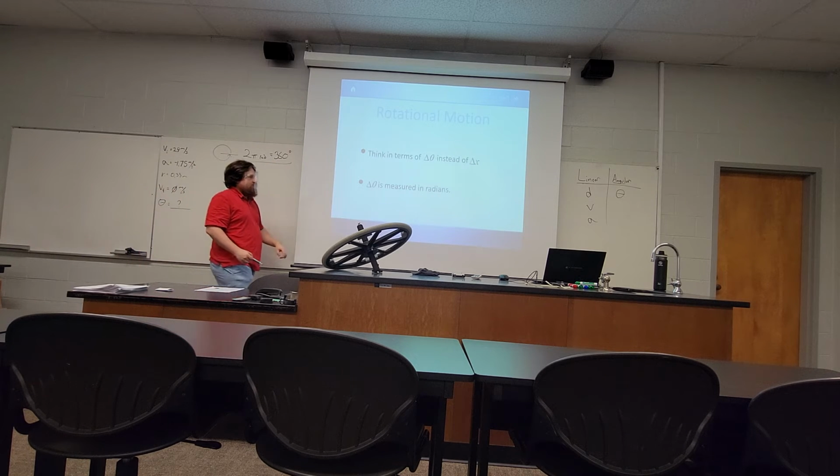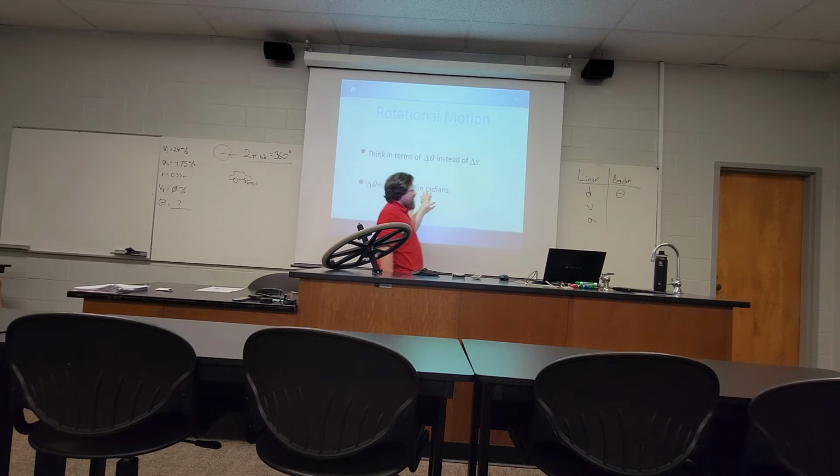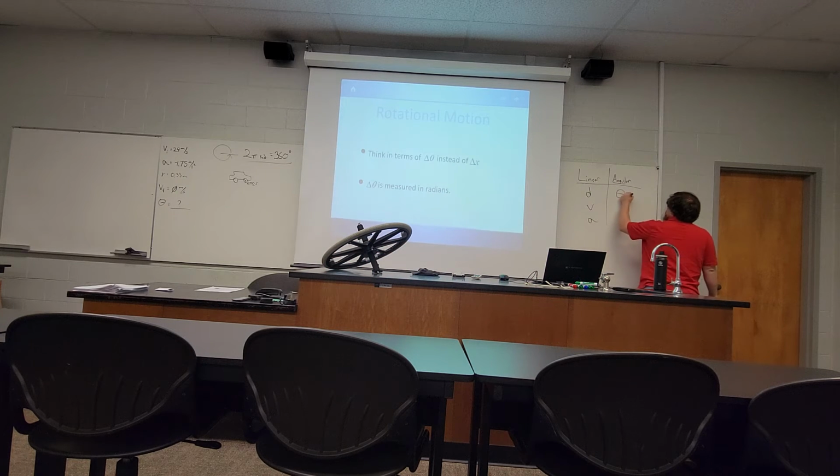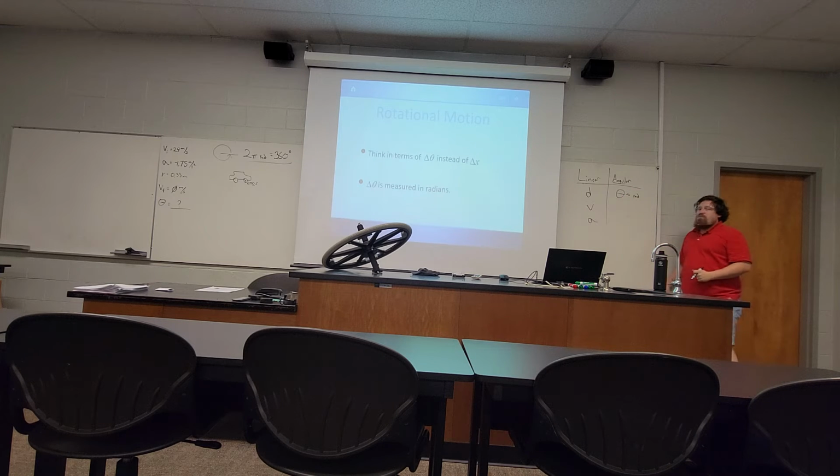The formulas that we're going to begin exploring utilize radians as the unit for angular displacement, and most of the variables here are going to have radians in place of meters, since instead of distance forwards, we're talking about amount of angle rotated.